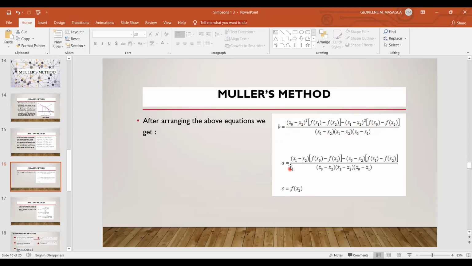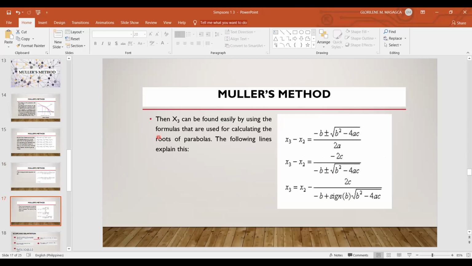So for A, (x1 minus x2) times (f(x0) minus f(x1)) minus (x0 minus x2) times (f(x1) minus f(x2)), all over (x0 minus x2) times (x1 minus x2) times (x0 minus x1). And C is equal to f(x2).